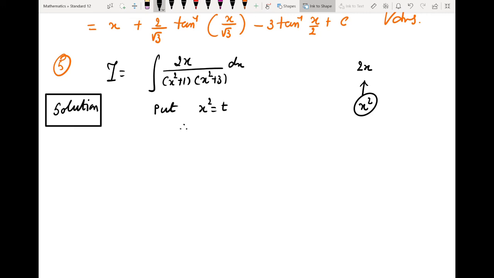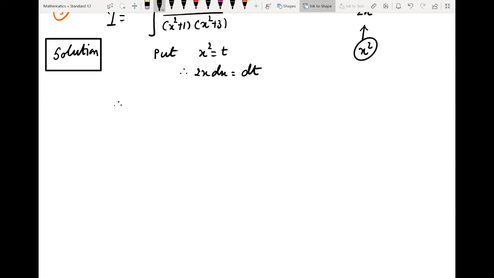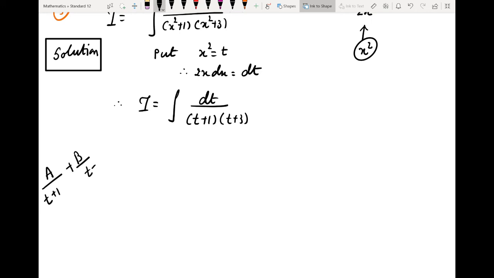So 2x dx is dt, and therefore integration I equals integral of dt upon t plus 1, t plus 3. Now you can observe it is a problem of the method of partial fractions, a upon t plus 1 plus b upon t plus 3.